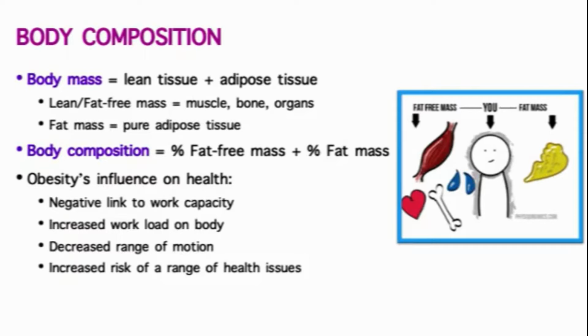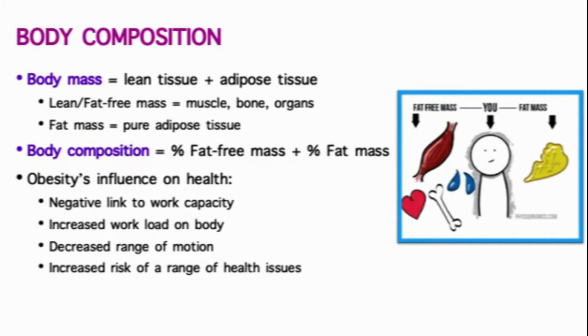So when we talk about body composition, we talk about various tissues and the weight of various tissues or the percentage of various tissues that make up the body as a whole. When we look at body mass, which we've commented on in previous lectures, that is usually broken down into fat-free mass and fat mass, or we can also call this lean tissue and adipose tissue, or muscle tissue and fat tissue, right?